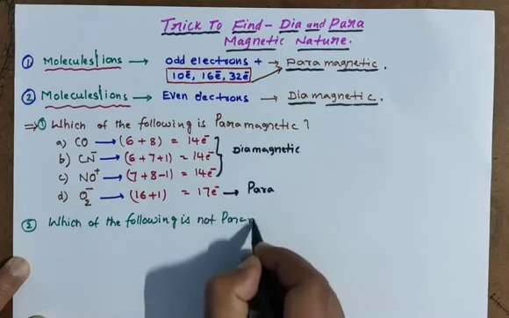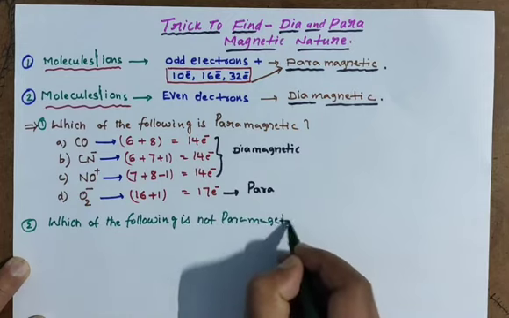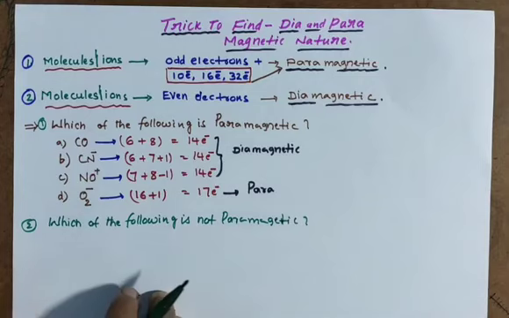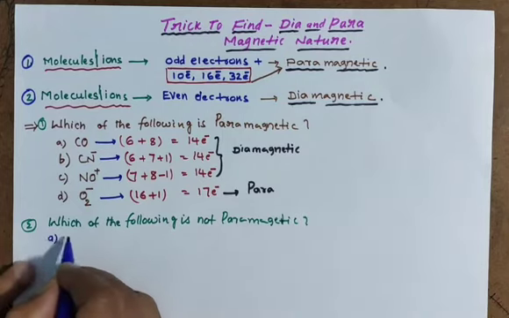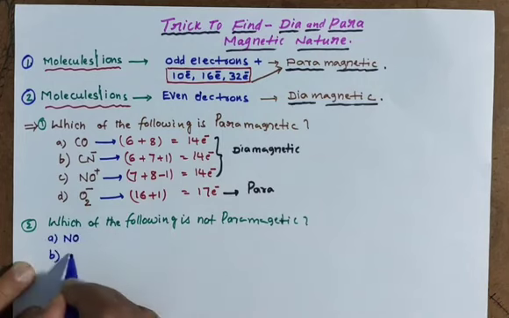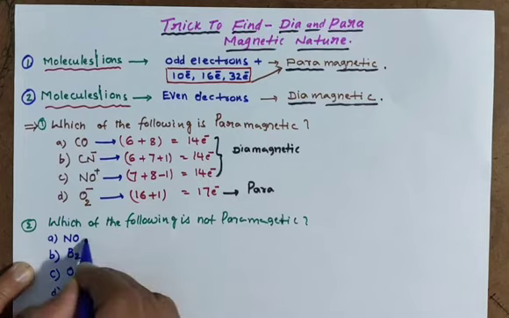So which of the following is not paramagnetic in nature? Options are given like this: option A is NO, option B is B2, option C is O2, option D is CO.